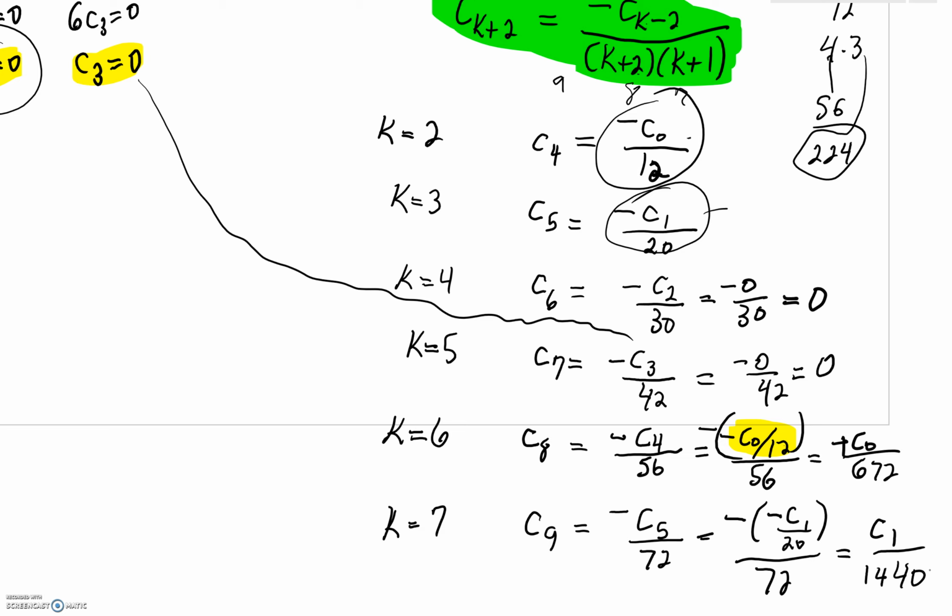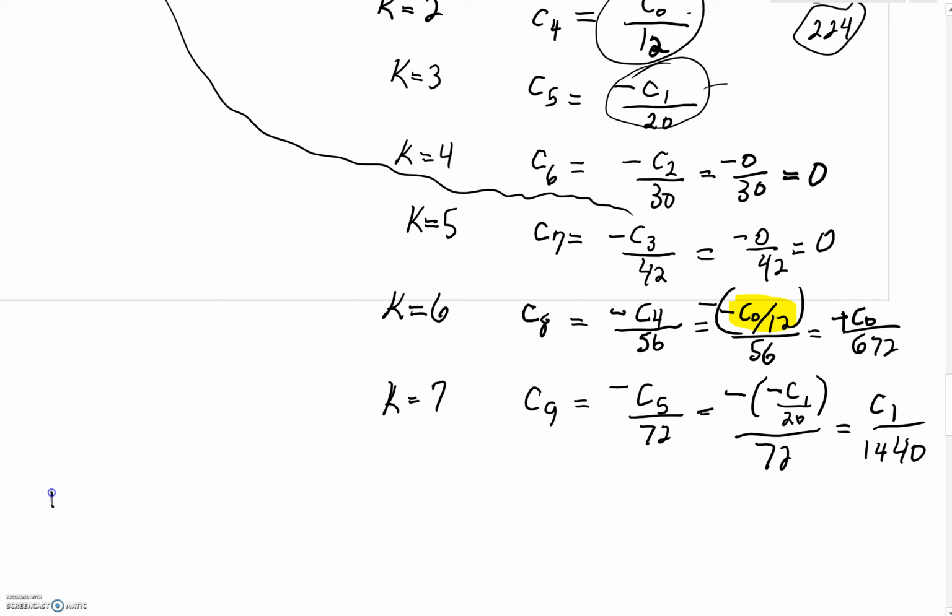So, right here, we'll take a little bit of a break from generating all this and go back to the basics and know this, that our general solution, we really are assuming we have a Maclaurin series, right?